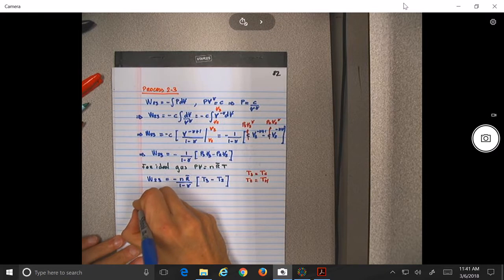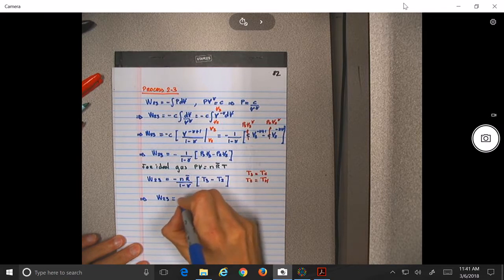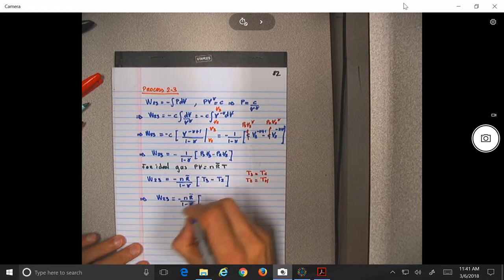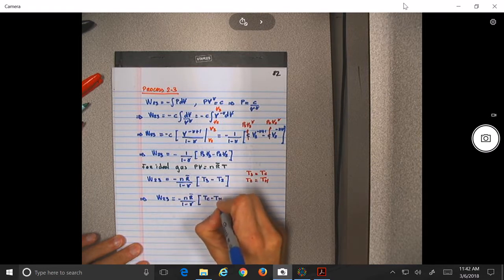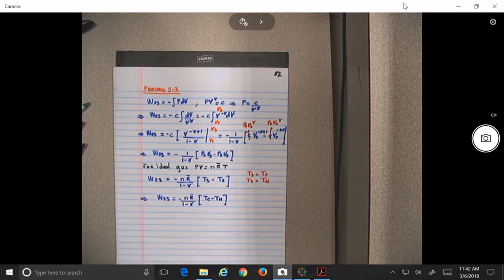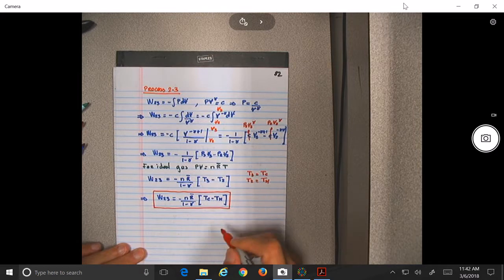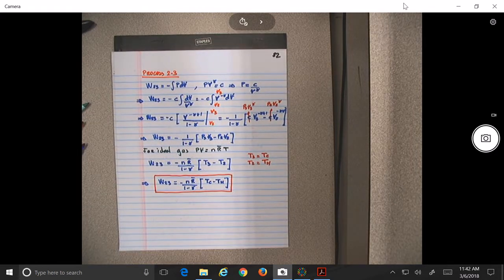So basically at the end we have that work 2, 3 equal to minus nR over 1 minus gamma times T cold minus T hot. Pretty tedious, no? We are not even halfway. And the tedious part has not started yet.